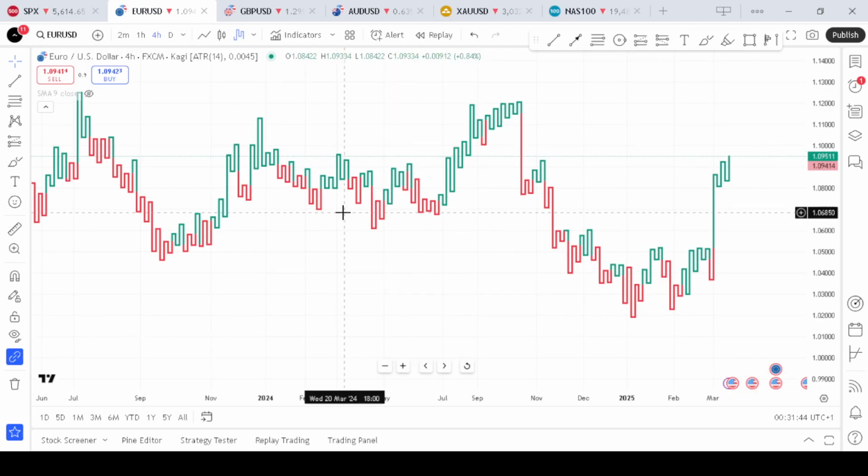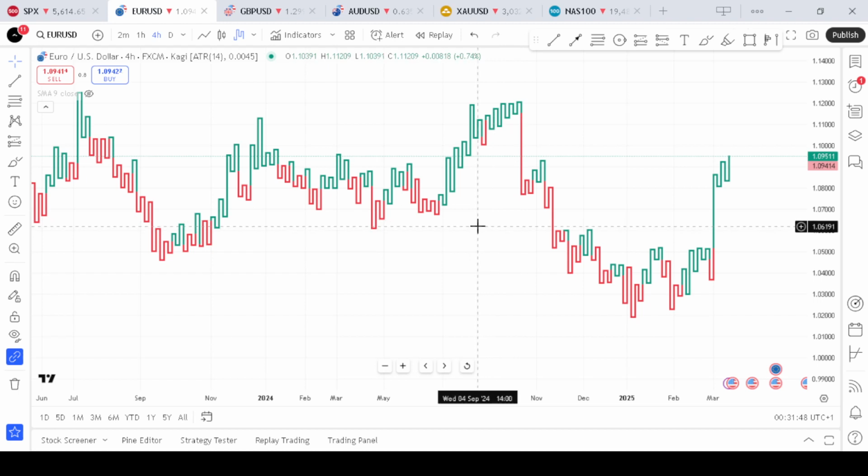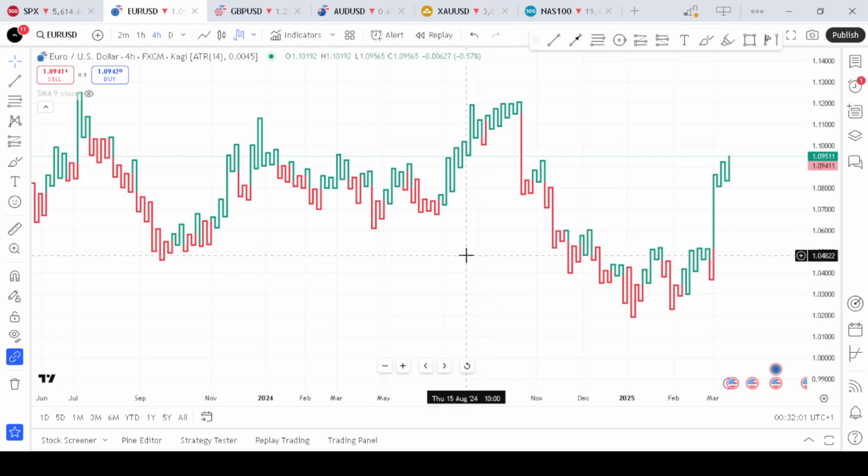This includes choosing the reversal amount, which is the minimum price movement required for a new line to be drawn. Now this can be a fixed amount or a dynamic measure like the average true range. The choice of reversal amount will depend on your trading strategy and the volatility of the market you are analyzing.